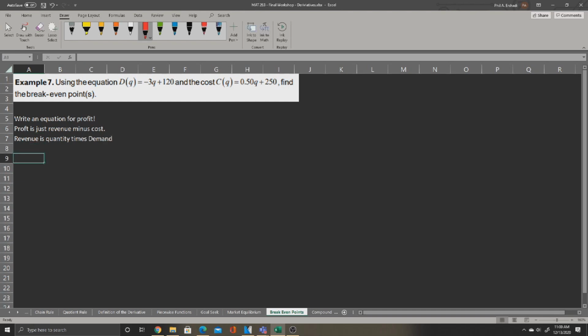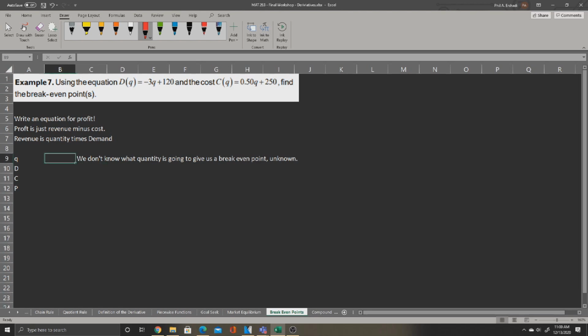So here's our recipe list for trying to do profit. We have quantity, demand, cost, profit. So for quantity, we have no idea what quantity is going to give us the break-even point. So this is our unknown for this problem.